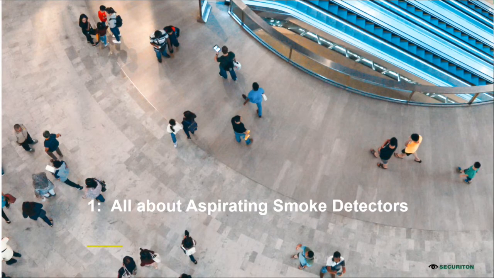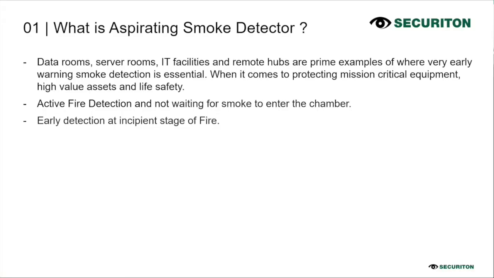We now have to understand the technology which we are going to offer or talk about. An aspirating smoke detector, ASD, is a system used in active fire protection, consisting of a central detection unit which draws air through a network of pipes, and it is basically to detect smoke only.